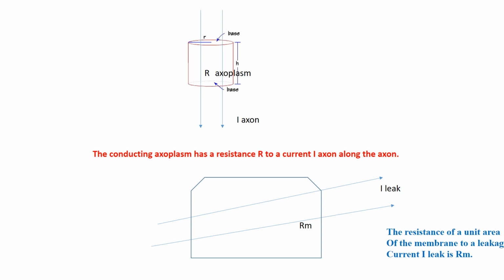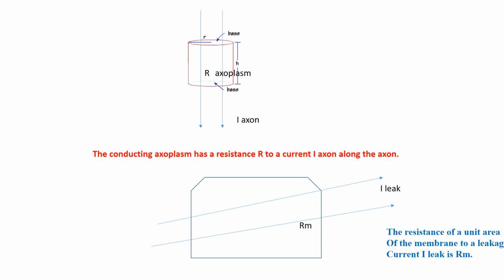Now, if we take a unit area of this membrane, then we have to define what is called a resistance of a unit area of the membrane, Rm. M means membrane, so this is the resistance of the membrane, and this resistance is much smaller than R.